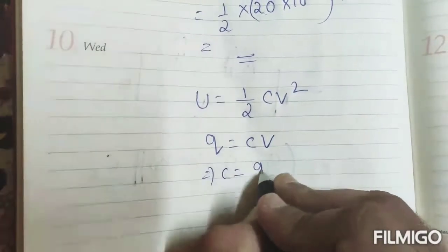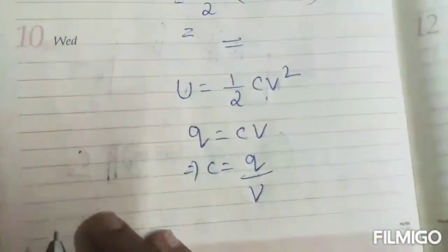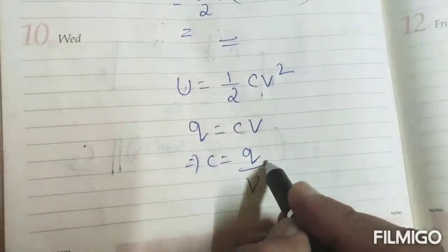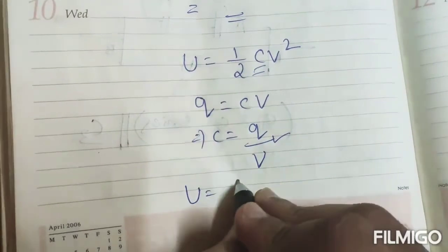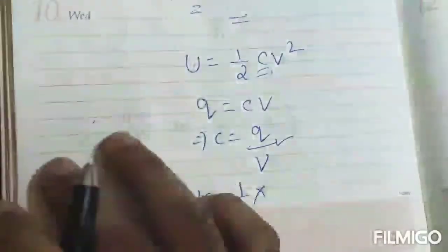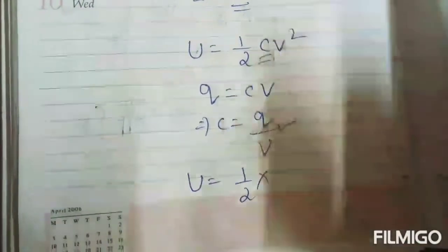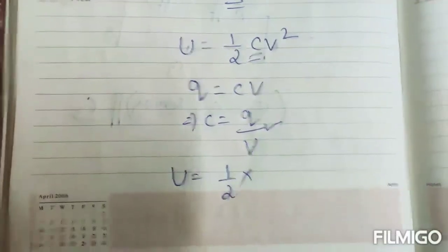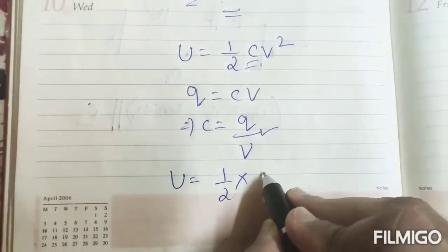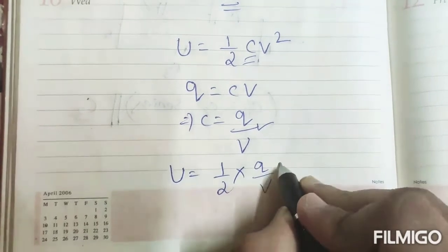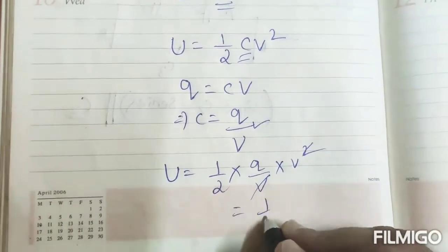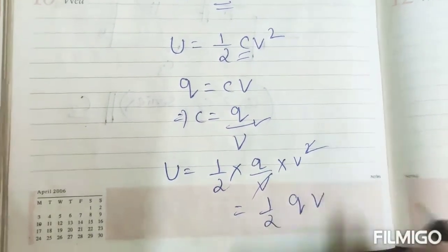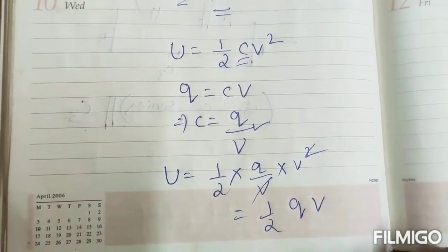C equal to Q by V. If I place this value of C, I get U equal to half into Q by V into V square. This and this cancel, and you will get half into Q into V. This is one formula, right?